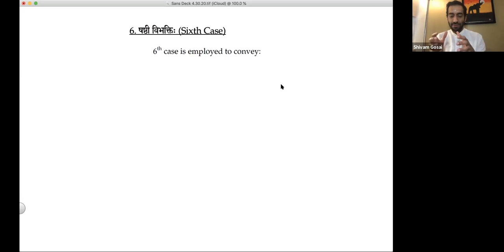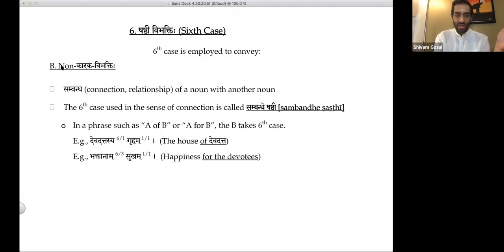Sometimes a vibhakti can connect to a karaka. Like first case connects to karta karaka, but it also can connect to something else. The most important thing we need to note here is the 6th case is not connected to any karaka. So you'll see at the top here that it just says non-karaka vibhaktis.